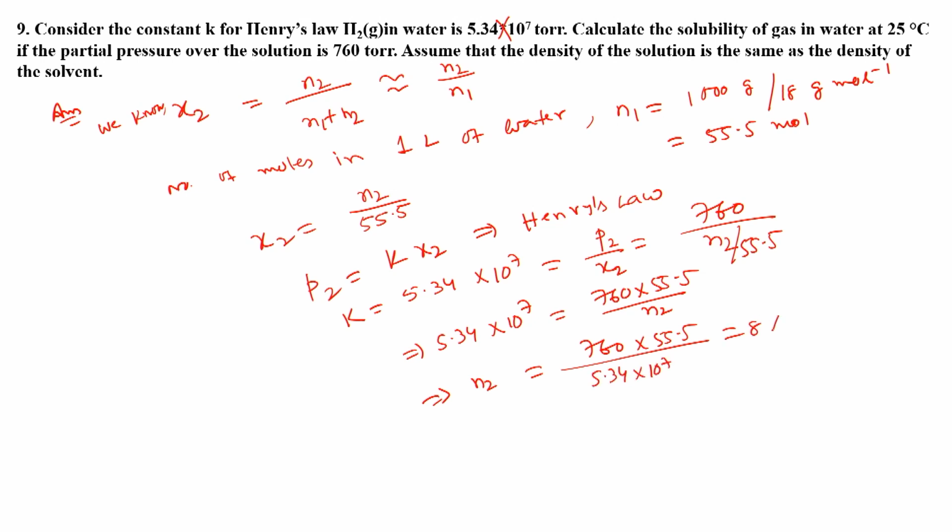So we get 8 times 10 to the minus 4. So the solubility of H2 in water is 8 times 10 to the minus 4 moles per liter.